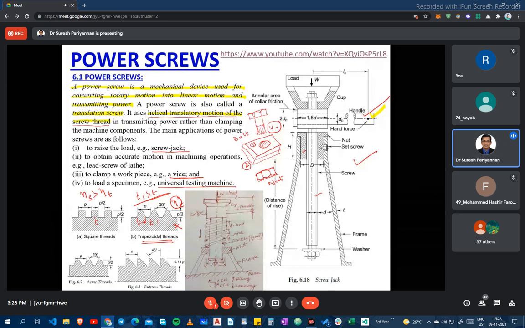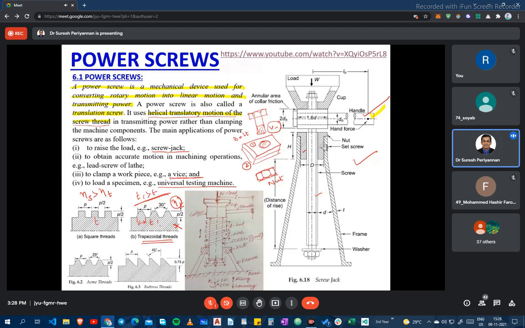And very important here, radial thrust, or radial pressure, will be there.